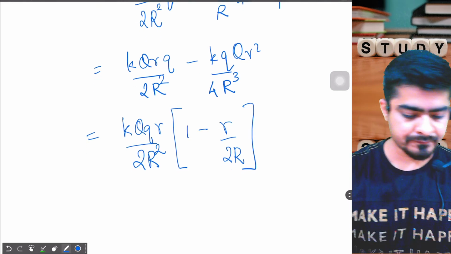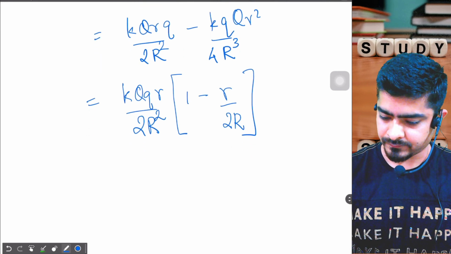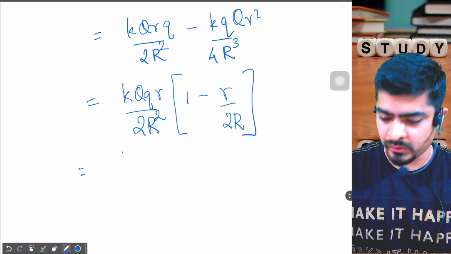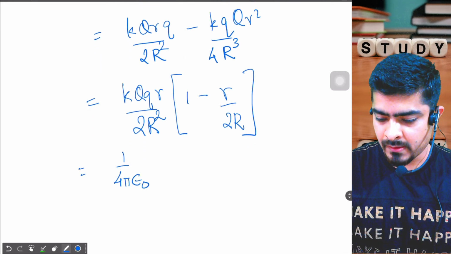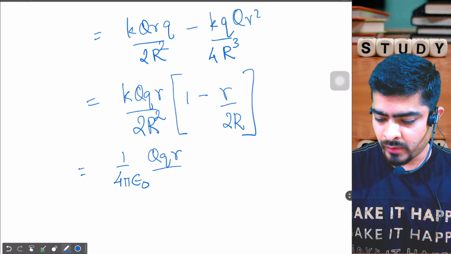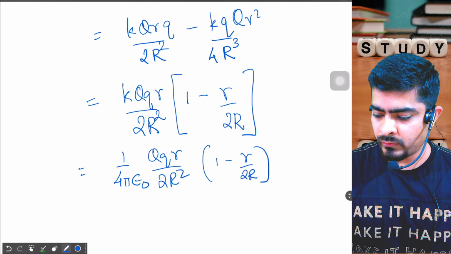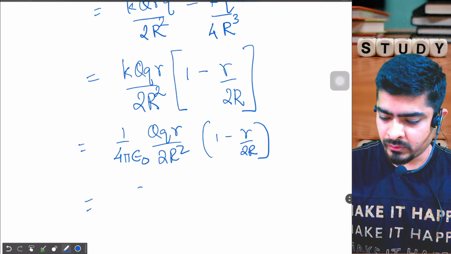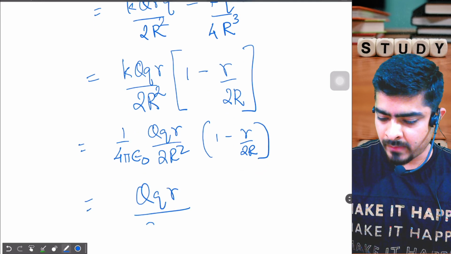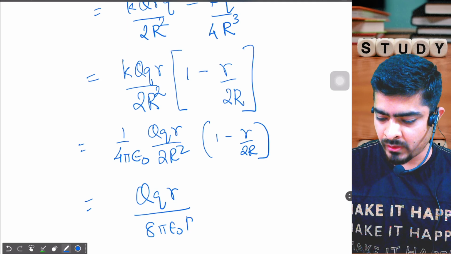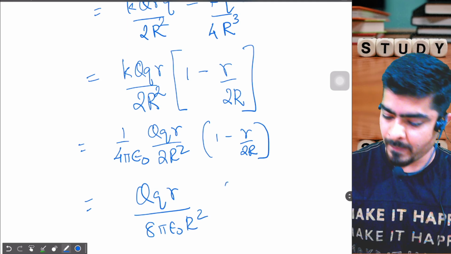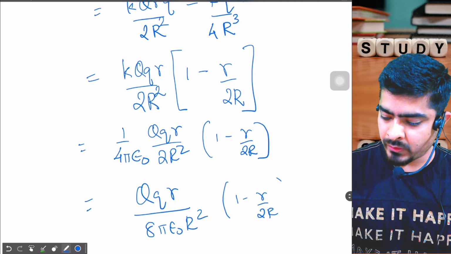Now let's put the values. So k is 1 by 4 pi epsilon naught, Qqr by 2R square, 1 minus r by 2R. So this is equal to Qqr by 8 pi epsilon naught R square, 1 minus r divided by 2R.